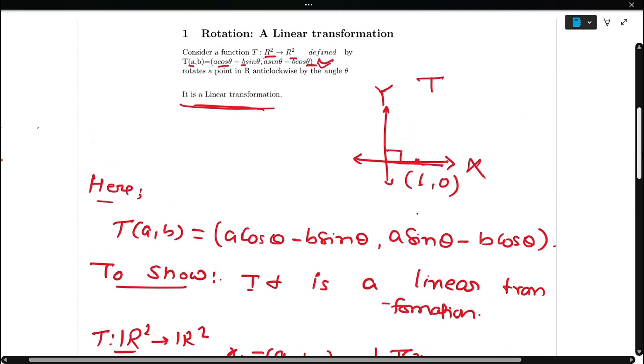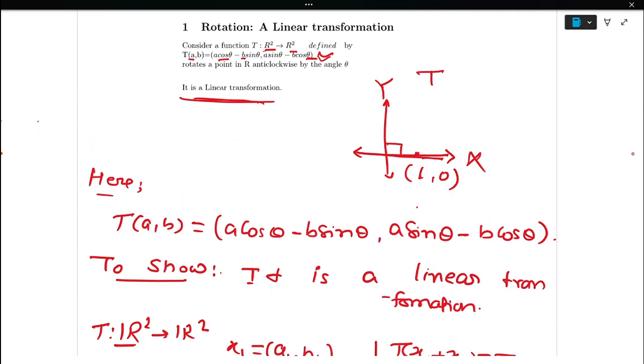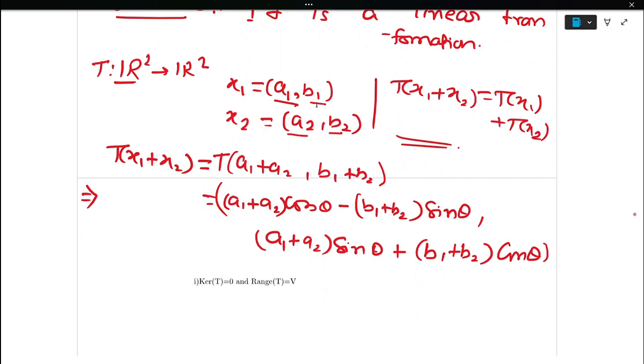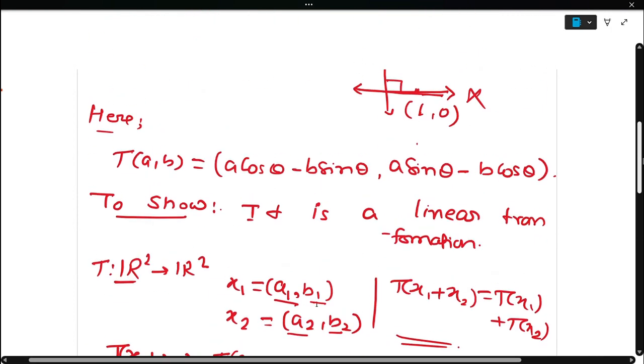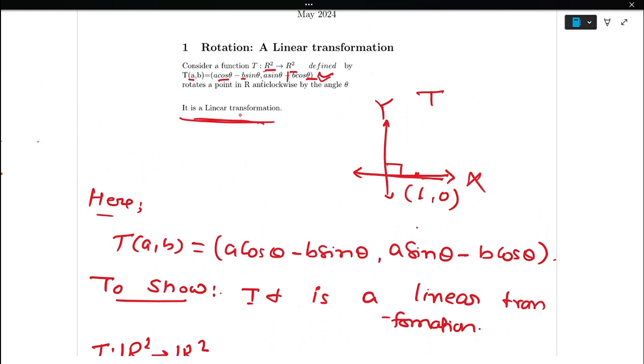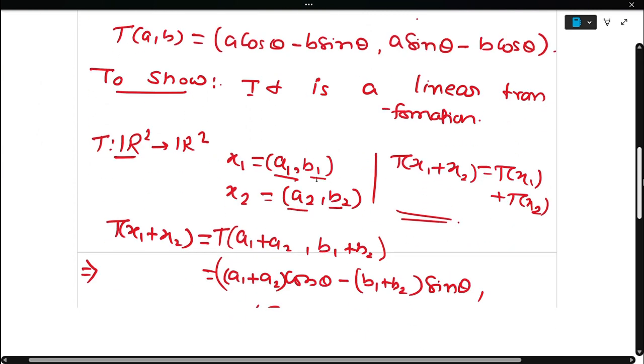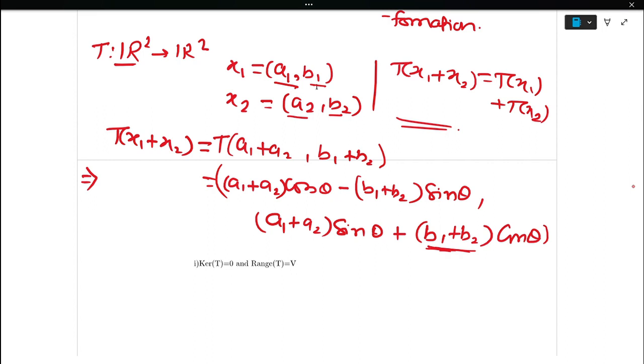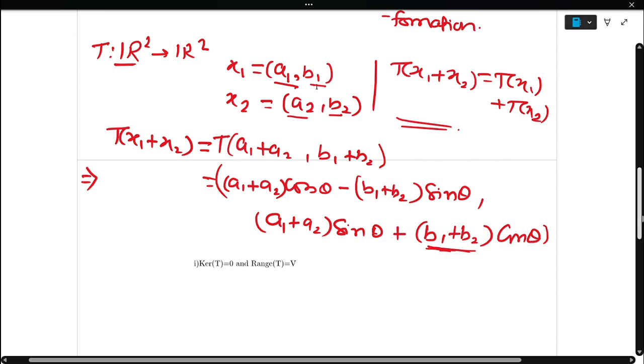Here (a1 plus a2) was the first coordinate and (b1 plus b2) was the second coordinate, that's why we have taken b1 plus b2 with cos theta.